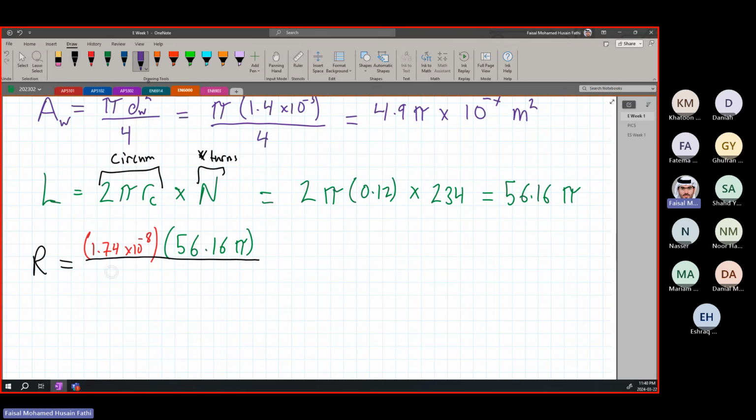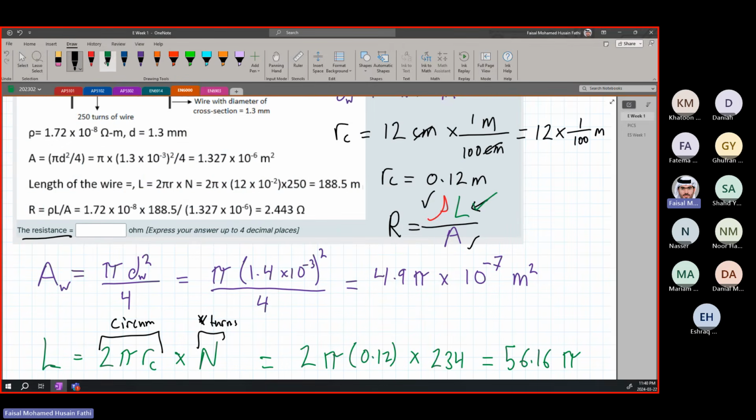The area is 4.9 pi times 10 to the power of minus 7 meters squared. If you notice, we have pi over here and pi over here. They're just going to cancel out. So if we simplify this, we find out that R is equal to 1.9943 ohms. And that's how you basically solve it.